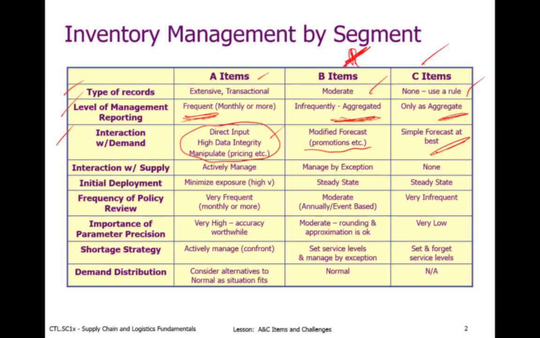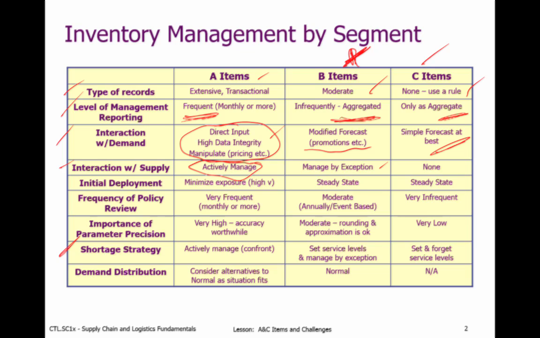The same type of action matters with the interaction with your supply and also how you'd handle shortages. So for A items, I want to actively manage. That's the critical word with my suppliers. I want to make sure I'm not going to stock out. I'll be proactive. For B items, you're going to manage by exception. Remember, all the models we've done have made a trade-off with stocking out and having inventory.